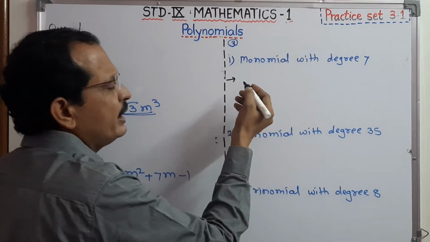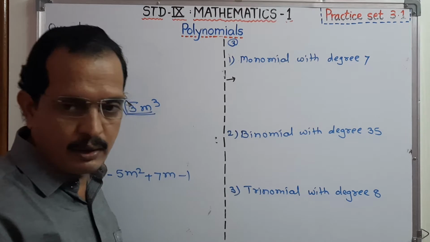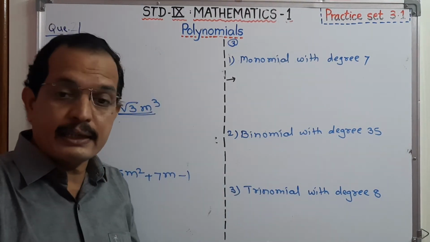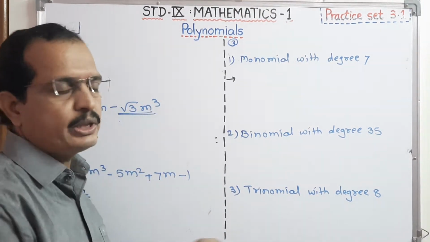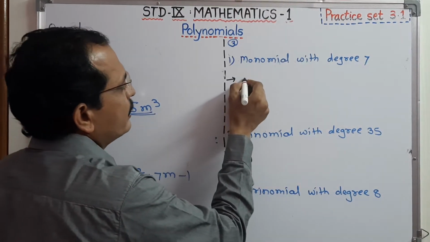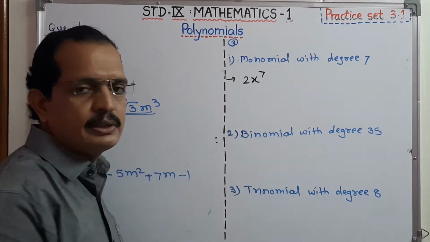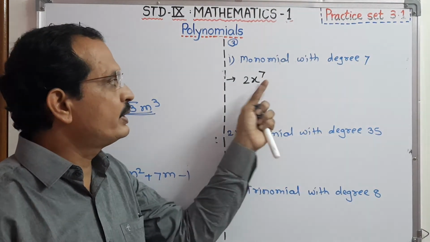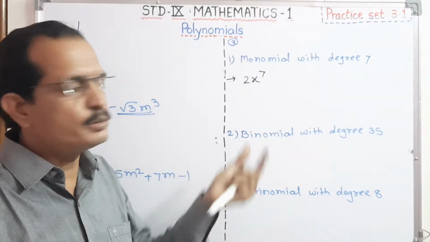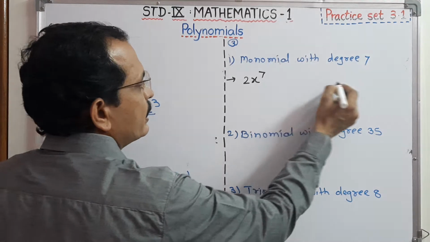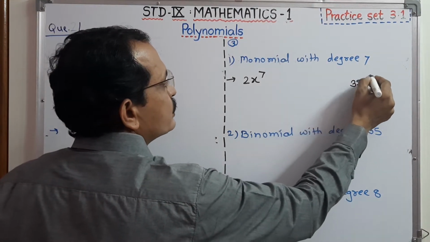Sorry, in the question it is mentioned that we have to write the polynomial in variable x. That means we have to use the x variable. We can write here 2x raised to 7. Isn't it? See, degree is 7 and only one term is there. This is a monomial having degree 7. You can write any one. We can write here 35x raised to 7.